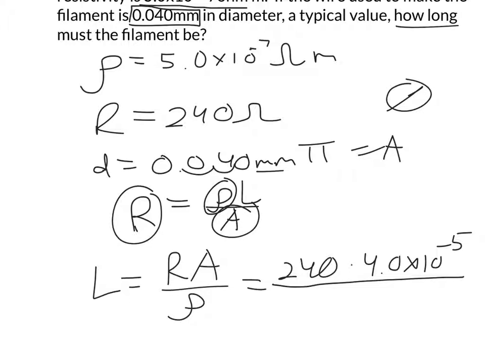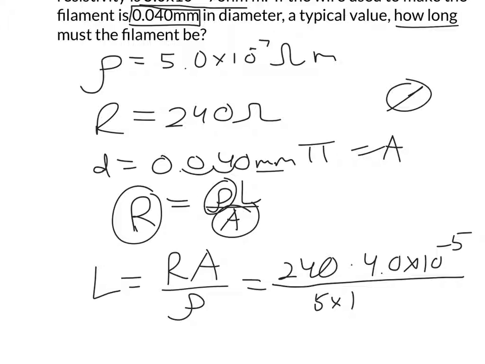And then on bottom, the rho is 5. Actually that would be meters squared, wouldn't it? I did the circumference. Silly. No, it should be pi r squared.